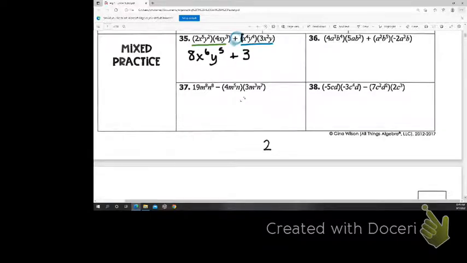Remember, this guy would be like a 1. 1 times 3 is 3. x to the 4 plus 2 is 6, y to the 4 plus 1 is 5, and then I see that my variables and exponents are the same, so I can add these together, but on the addition step, do not change your exponents, because I'm not multiplying them now. I've got 8 of these things plus 3 more of the same thing. I have 11 x to the 6th, y to the 5th.